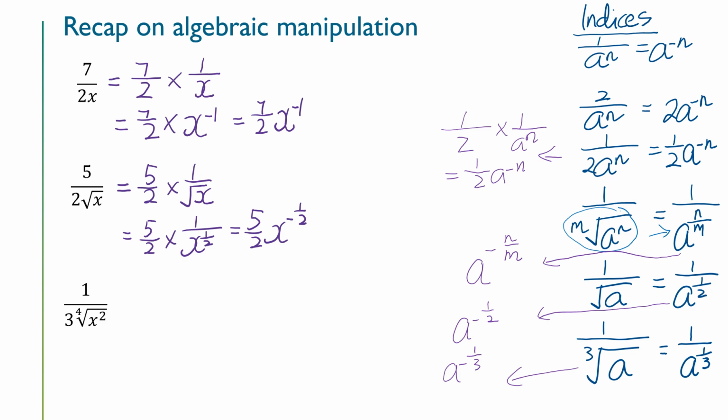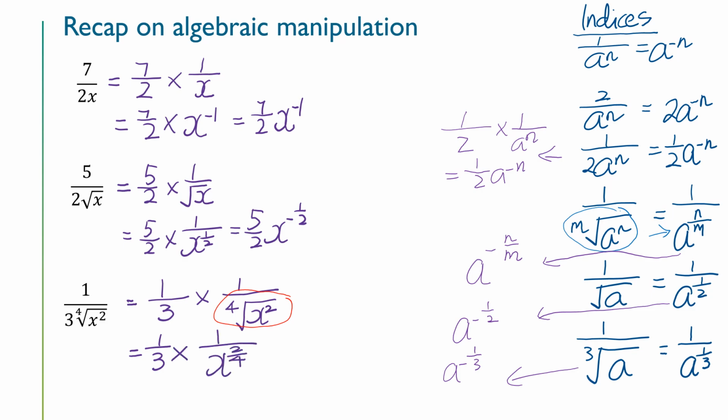Let's separate it into 1/3 times 1 over the 4th root of x squared. And then apply the changes to the index form, and then change into negative power. 2 over 4 is half. So that gives you x to the power negative half.